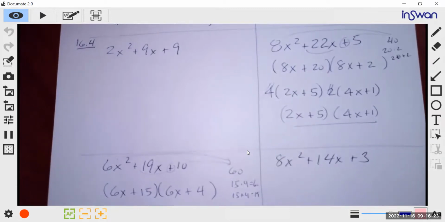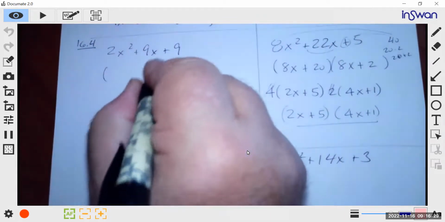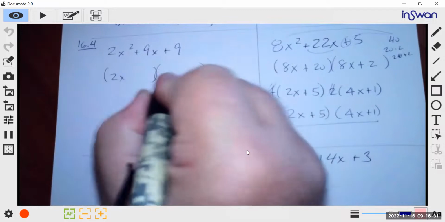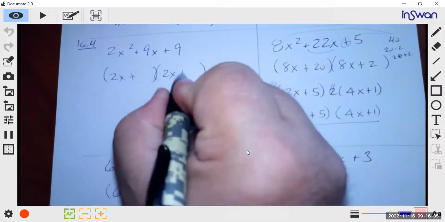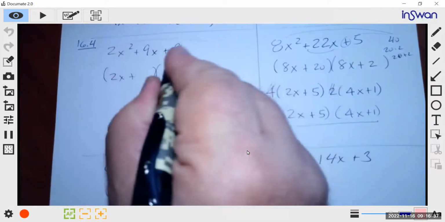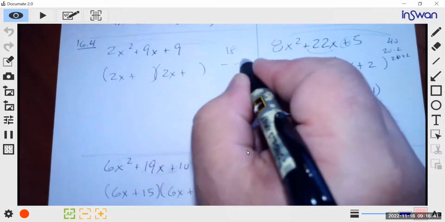So what do you have for the first one? Two x, what signs? Both positives. 2 times 9 is 18. What times what is 18?